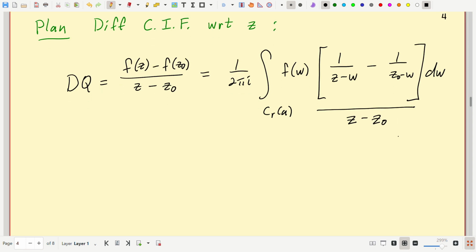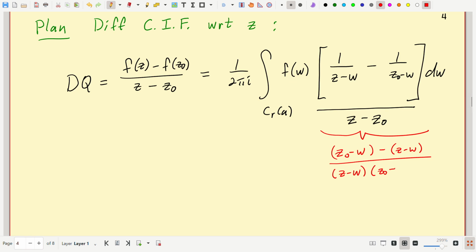And the amazing thing is, you do the algebra. You cross multiply that mess. Let's see, what is this mess? The top would be z naught minus w minus z minus w over z minus w times z naught minus w. That's the numerator, divided by z minus z naught. What am I doing?